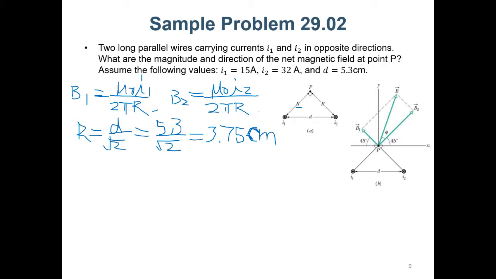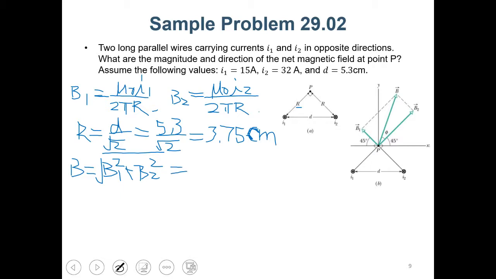So we use the Pythagorean theorem. We have B1 squared plus B2 squared, and take the square root of them. So it will be nothing but mu0 over 2 pi r times the square root of I1 squared plus I2 squared.